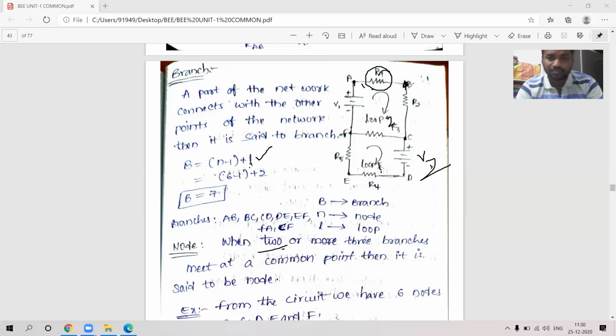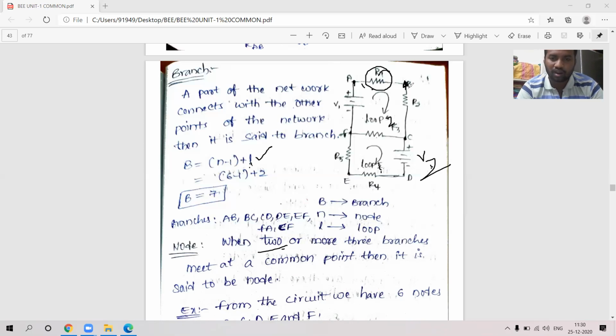Now let us discuss the junction point. The junction point and node both look similar, but in a junction point the condition is minimum 3 branches. In a node, 2 branches is the minimum condition, whereas in a junction point, minimum 3 branches must meet together.